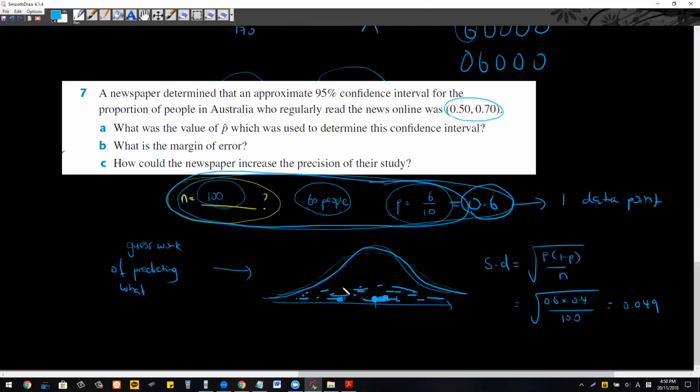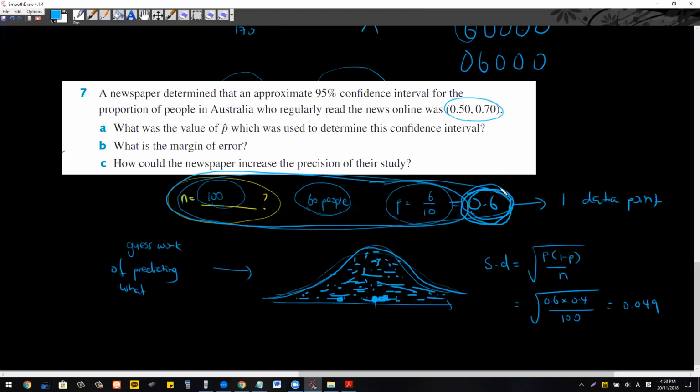You are kind of approximating this. Of course the most abundant one is around your mean, and you are approximating the distribution of this. Listen very carefully. This is the distribution of sample proportions.